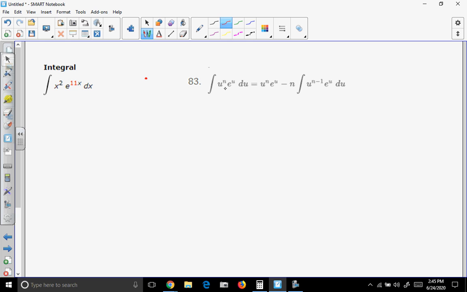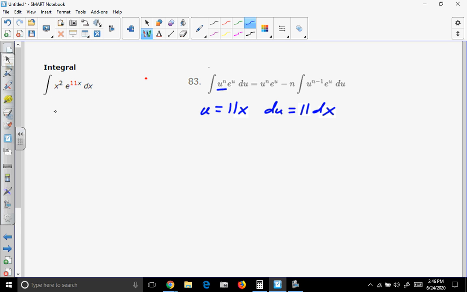So if we're going to look like this, e to the u is going to have to be e to the 11x, which means du is going to be 11 dx. Now wait a minute. This is u to a power. That is not u. But we could make that u.